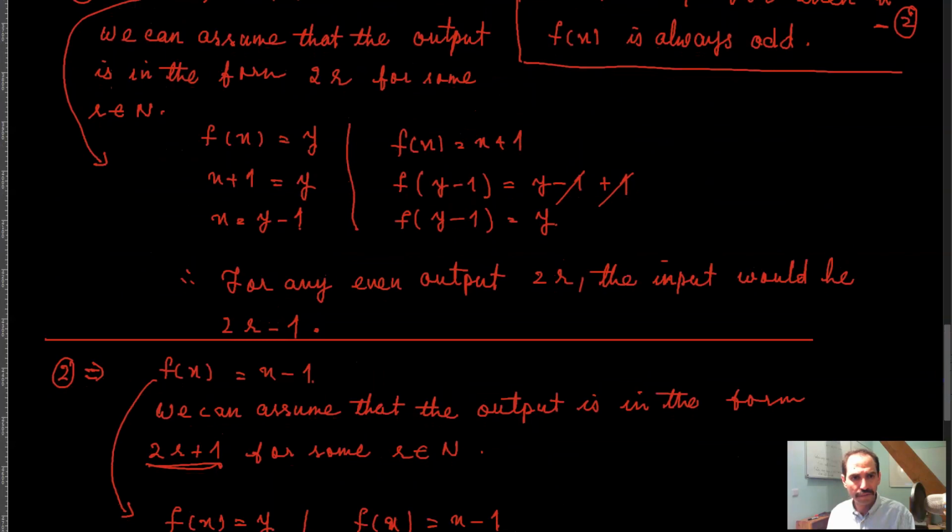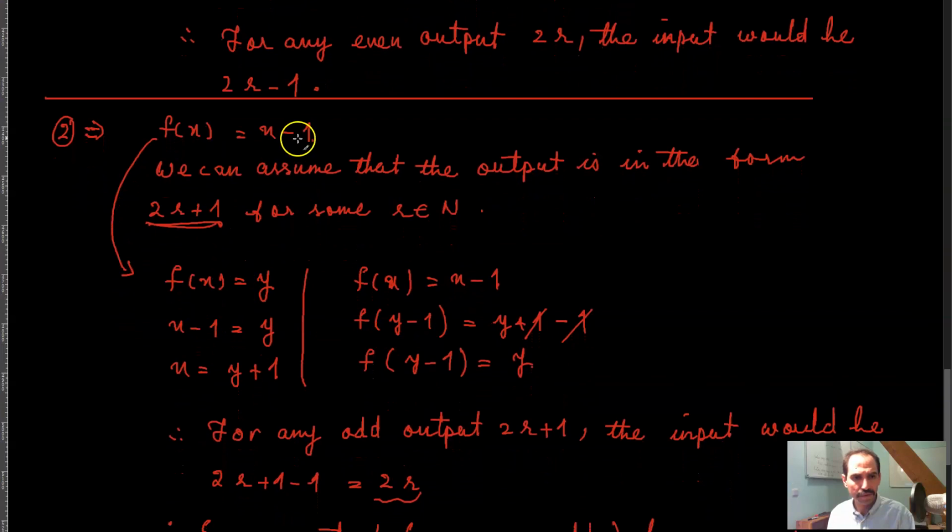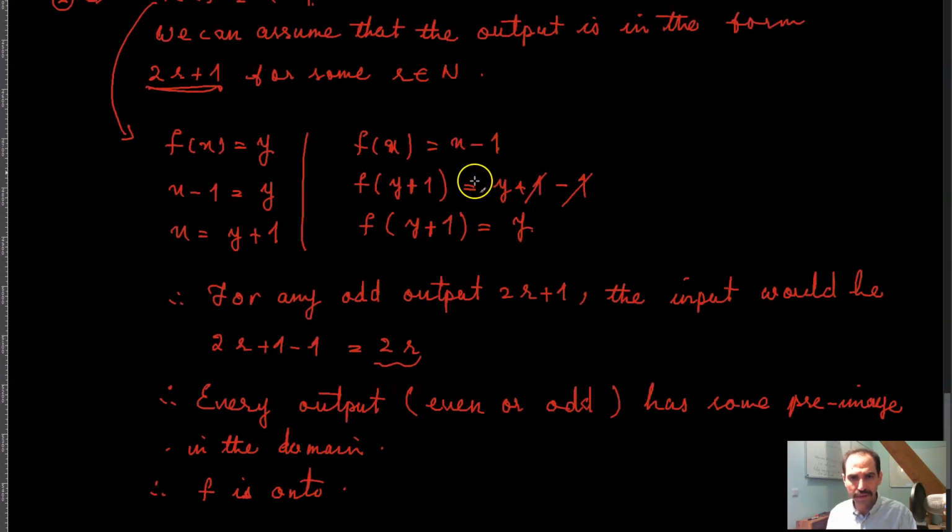If I have f of x is equal to x minus 1, then if x minus 1 is equal to y, that means that x is equal to y plus 1. And so f of, oh, that is a plus 1, right? Then over here you will get x, which is y plus 1 minus 1, so you get the y over here. Since I have a plus 1 here, I have to add a 1 to that, and you will get 2r plus 2. That's the right form of writing it. Otherwise, everything is right.